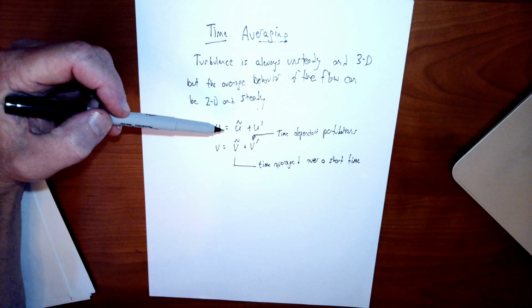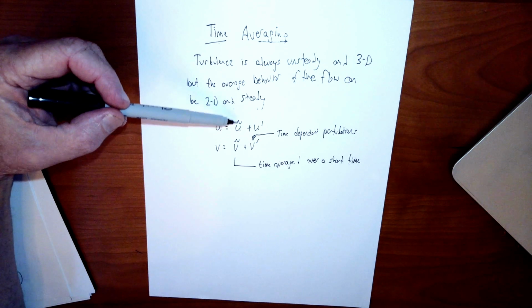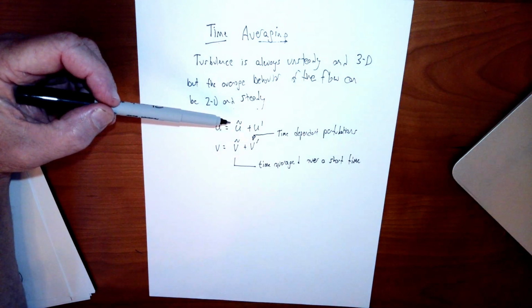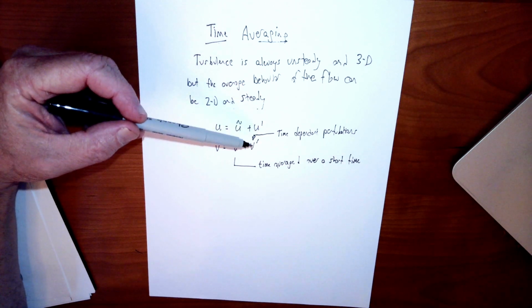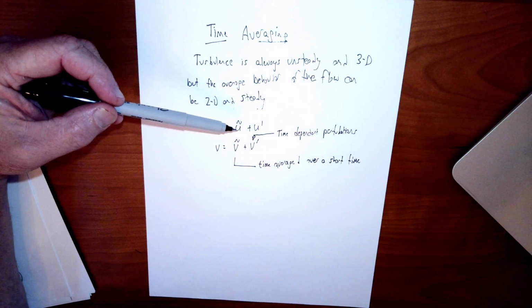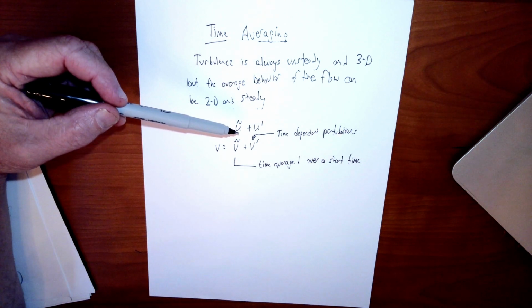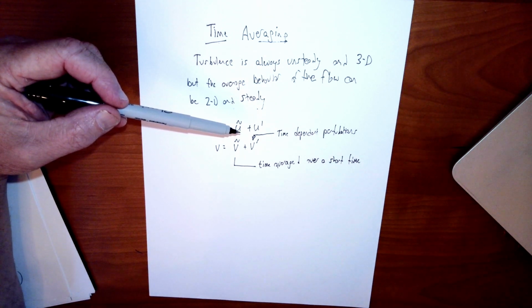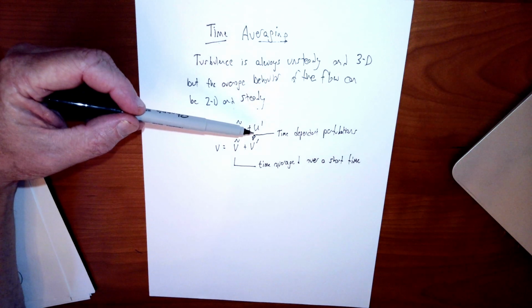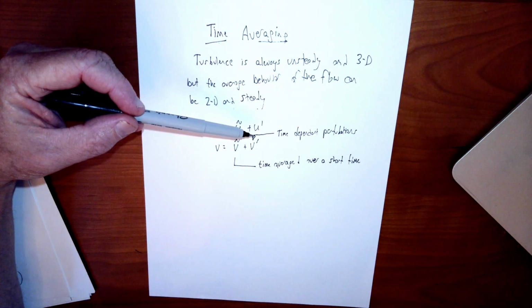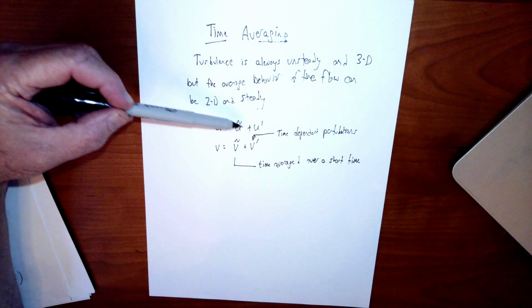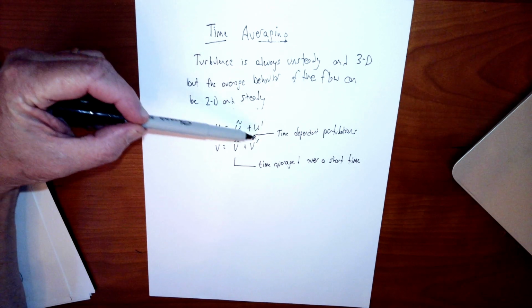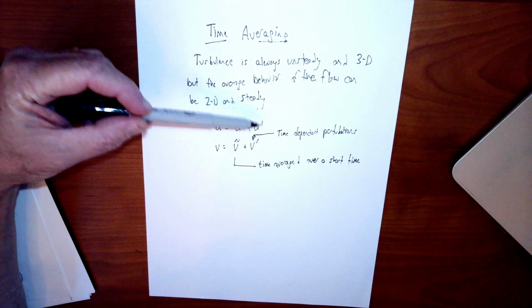And so we break that velocity into two components. I'm putting a tilde over the top here to indicate an average velocity and a prime to indicate the time-dependent perturbation. So there might be an average velocity of 3 meters per second from left to right, but at any given moment, that velocity could be changing forwards and backwards, up and down, etc. So we can think of the velocity as having two components: its average component plus its time-dependent turbulent component.